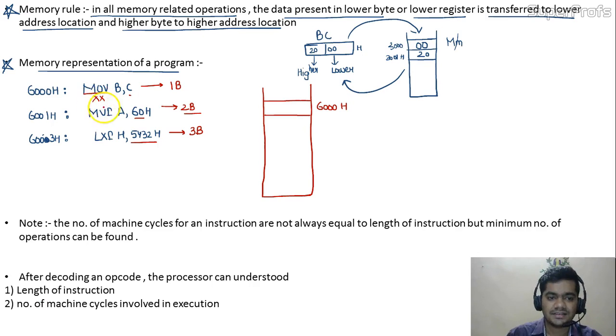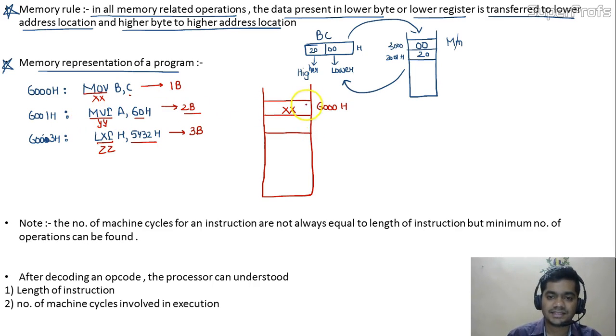We can assume that MOV's mnemonic is XX, MVI's is YY, and LXI's is ZZ. So first XX would be stored. As there is no data to be stored, and it is a 1 byte instruction, the memory occupied would be only 1 byte, occupied by its mnemonic.